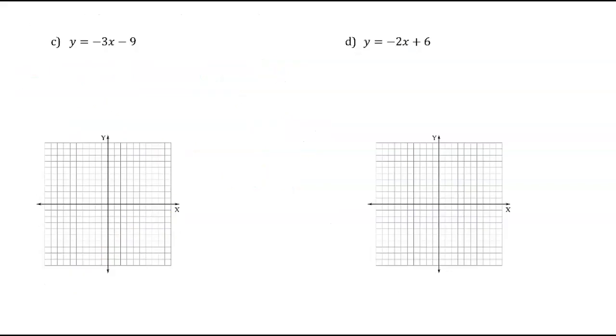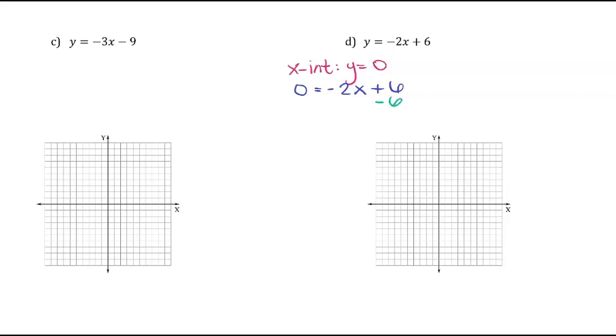In part D, we will repeat the same process, first finding the intercepts and then graphing the line. To find the x-intercept, we will set y equal to 0. Substituting y equals 0 into our original equation, we have 0 equals negative 2x plus 6.